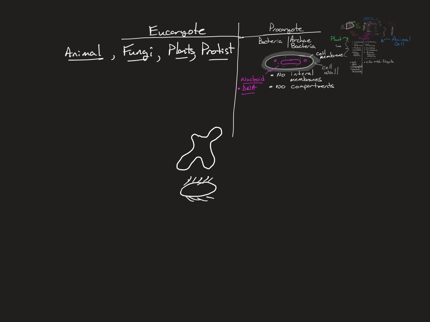You can have all kinds of different things. The key is that they all have a nucleus. They all have organelles. They have all the other things that you'd expect to see in a eukaryote, but they're single cell. Protists tend to be single cell. Some are multicellular. It's a big group.